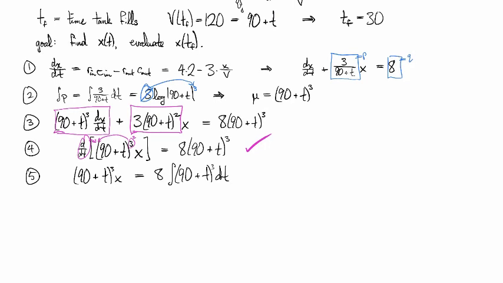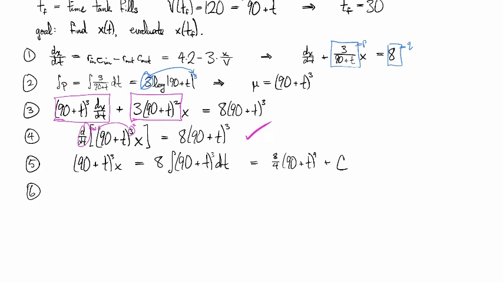To integrate that, I can just use the power rule. There's a u substitution, but we can get away without doing it this time because the du is just equal to 1. So I'm going to have 8 over 4 times 90 plus t to the 4th, and then I have this constant that I actually need to worry about.